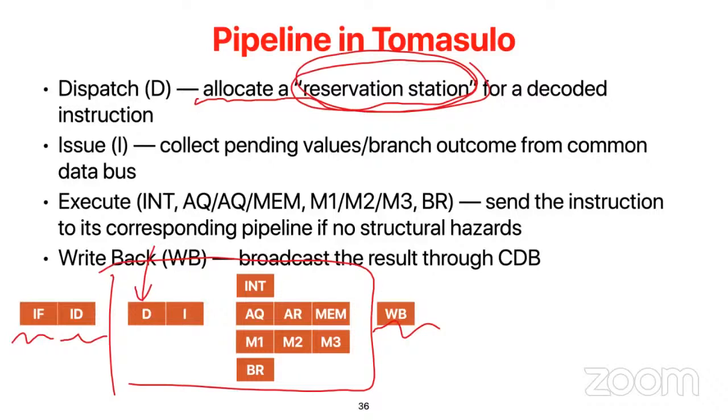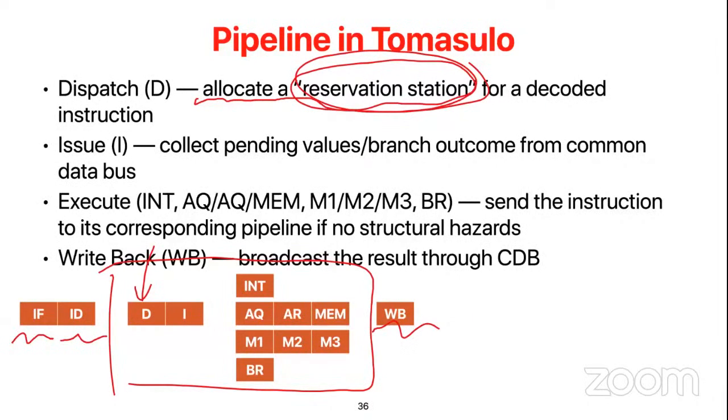So a reservation station is a temporary buffer for the instruction outcome. If you want your instruction to execute, you definitely want a buffer for your outcome that is guaranteed to make sure that your value does not vanish during the execution. So that's the meaning of a reservation station.